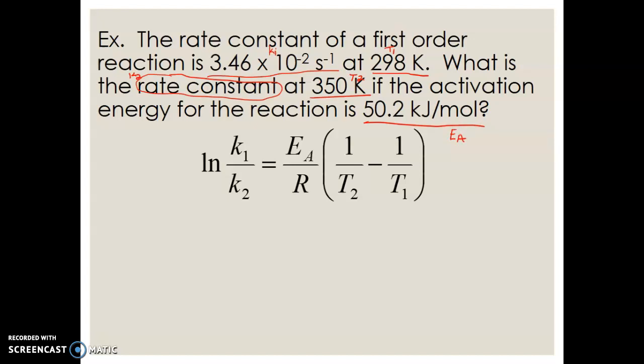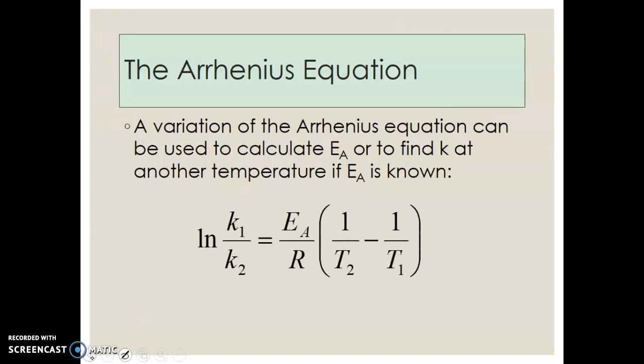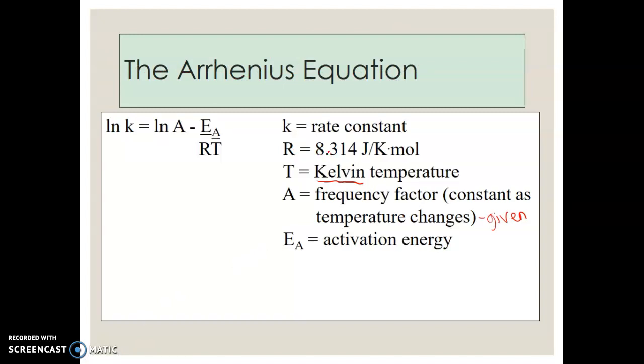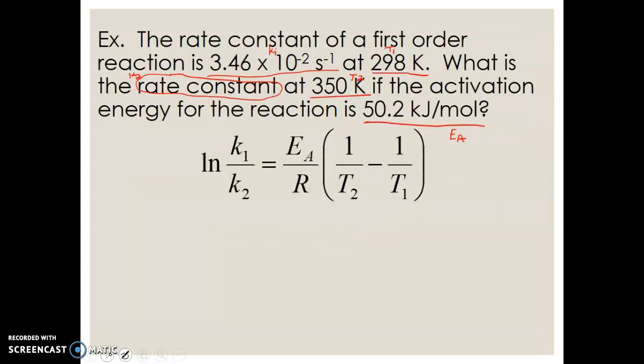So one thing I want to point out to you is that our activation energy is given to us in kilojoules per mole. And if you remember, our R constant is 8.314 joules per Kelvin times moles. So it's usually beneficial to go ahead and convert this to joules because you need to have the same units here. So move your decimal 3 places to the right, and you're going to get 50,200 joules.